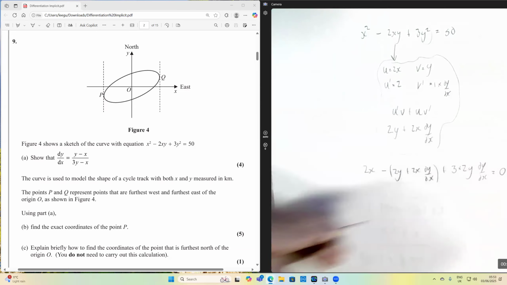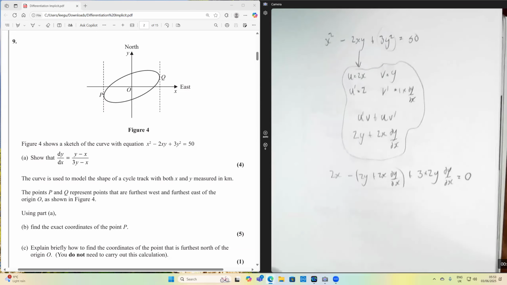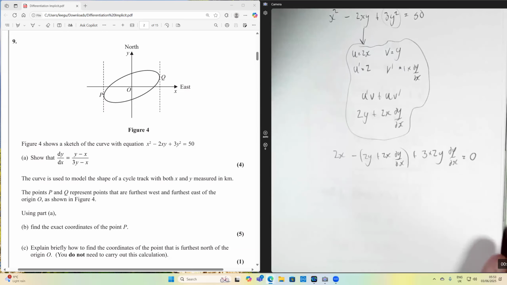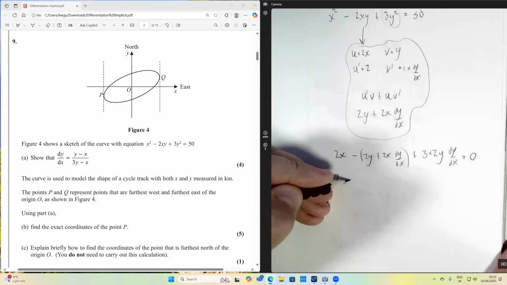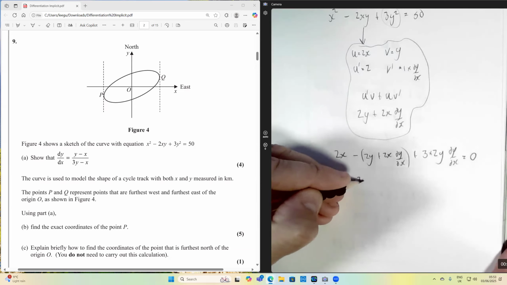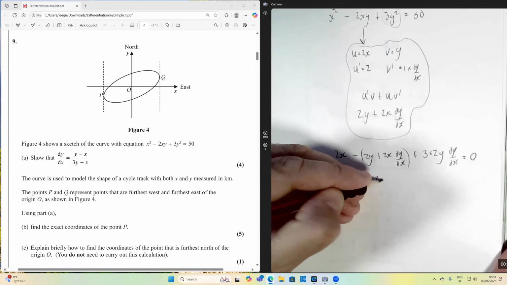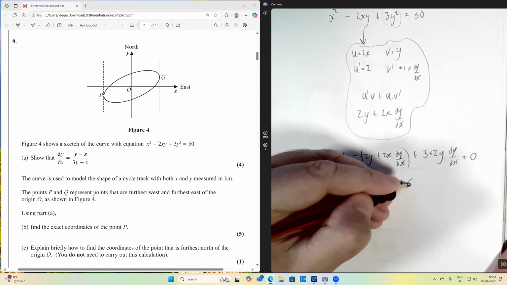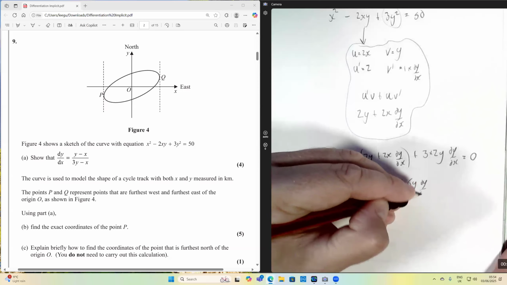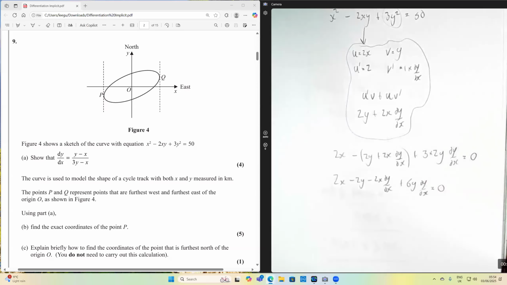And then this whole thing is going to equal 0. So we've done our implicit differentiation. Let's just remove the brackets. So 2x minus 2y minus 2x dy by dx plus 6y dy by dx is equal to 0.